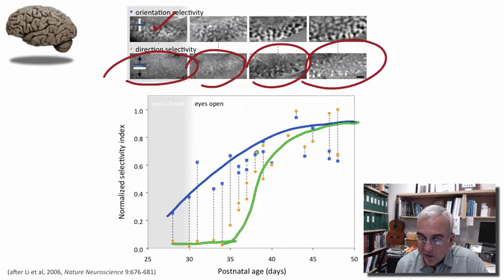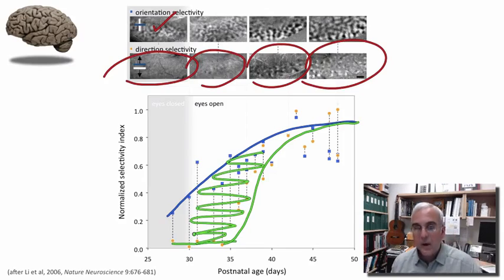So the fact that there seems to be this lag in the development of direction preference suggests that perhaps vision in this early period of postnatal life is actually doing more for the development of direction preference than it is for orientation preference.